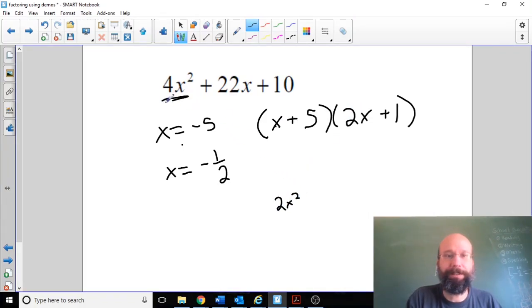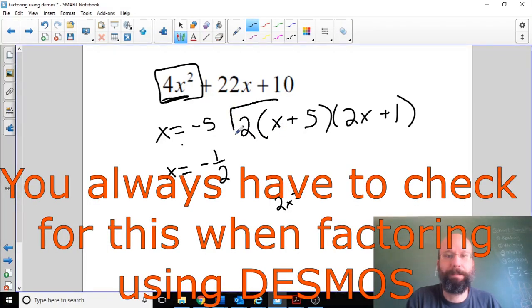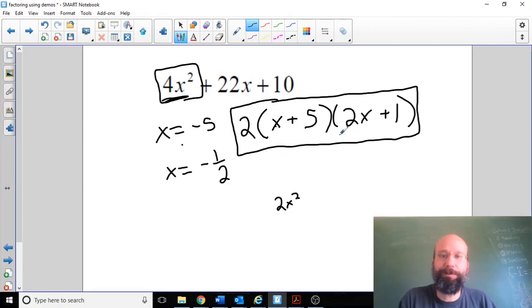What should it be? It should be 4x squared. So what number do you need to multiply to 2 to get 4? You can divide. It would be a 2, right? So this 2 needs to go on the outside. And this would be your final answer.